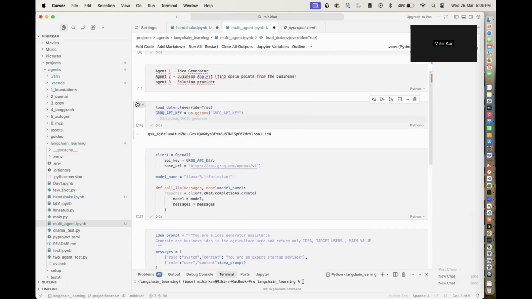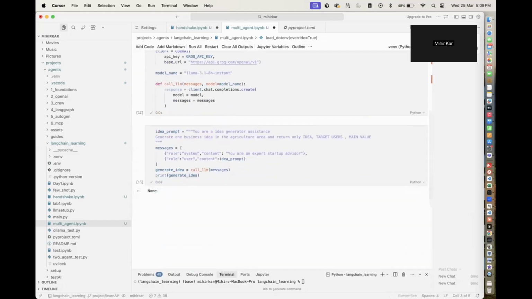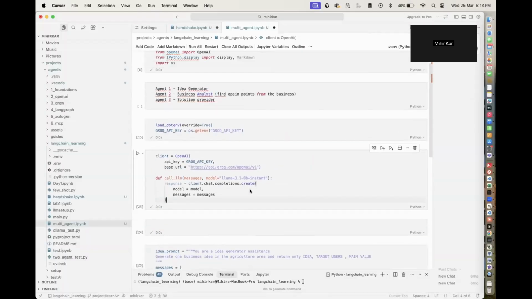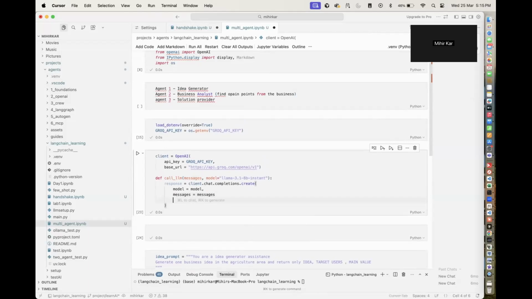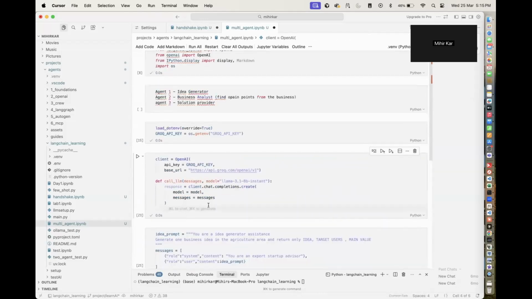Yeah, working fine, but it is generating a non-output. Let me check. Yeah, so here we have a mistake. We need to return. That's why it is showing none. Then we need to return the response.